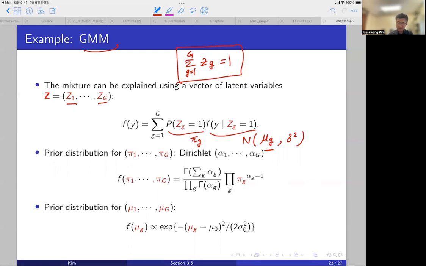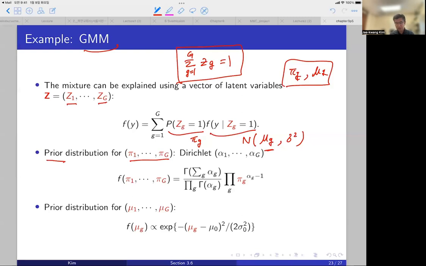Because we have two unknown parameters, pi g and mu g, we want to impose a prior to build a Bayesian inference. So, the prior distribution for the proportion. Previously, for a proportion we used the beta distribution, right? Now we have multiple groups, so it's not just a binary proportion.